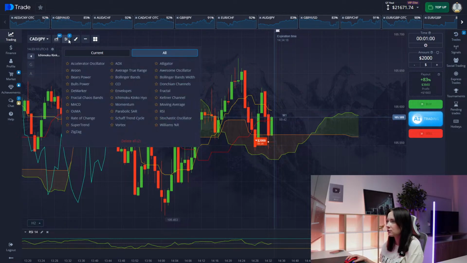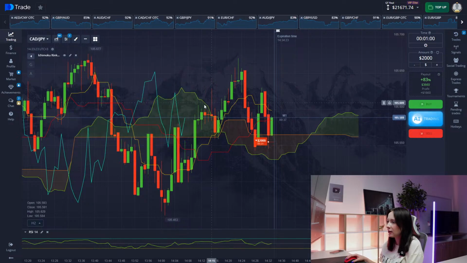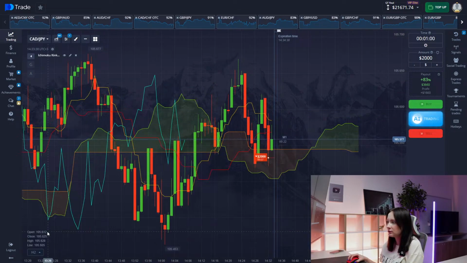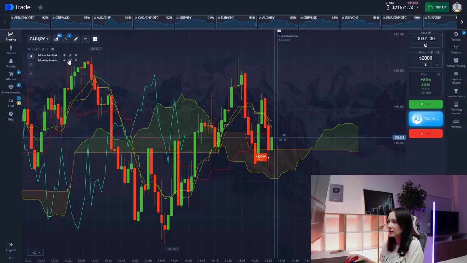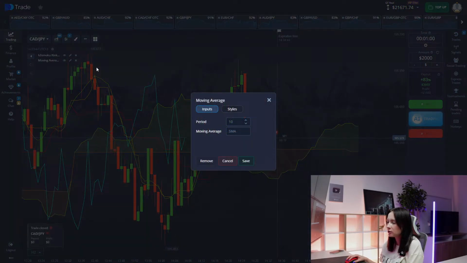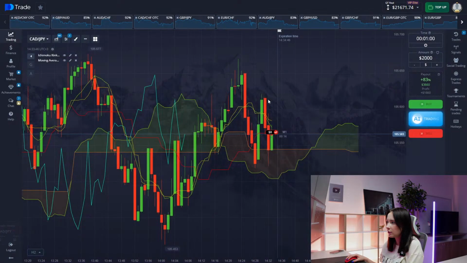I would choose the moving averages. As I said, the conversion line and the baseline are two smooth moving averages. They do work with the crossovers, but the real moving average is better. So if I cross the RSI and open up the moving average, set it, for example, okay, well, let's wait.